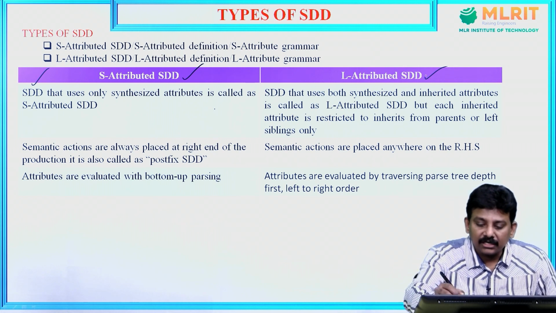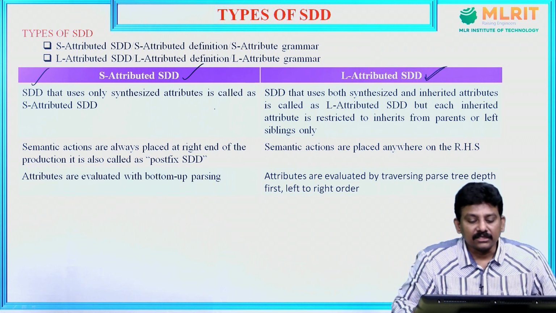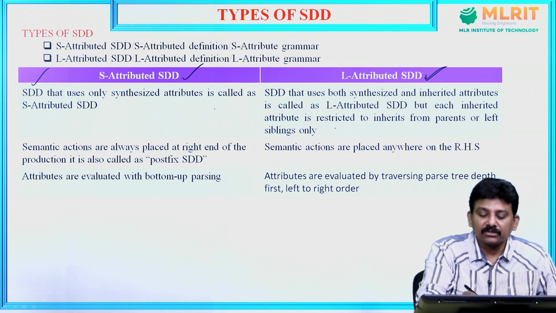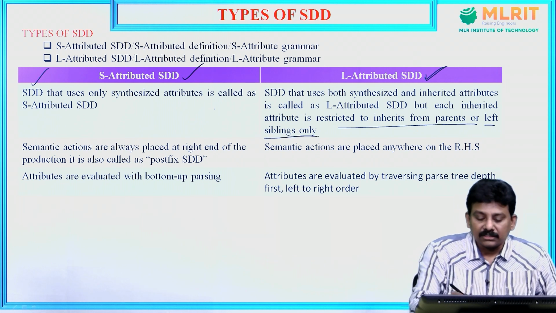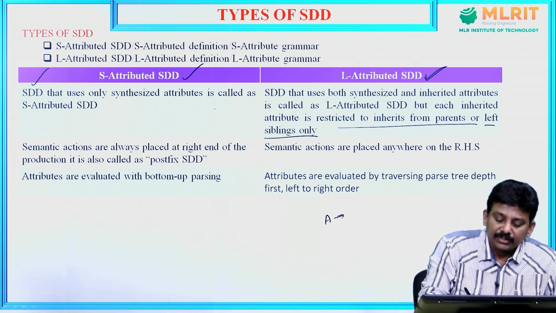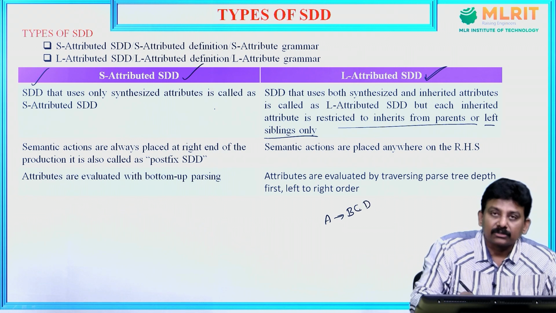What is L attributed SDD? An SDD that uses both synthesized and inherited attributes is called L attributed SDD, but each inherited attribute is restricted to inherit from the parent or left sibling. See, A derives B, C, D is the production rule.